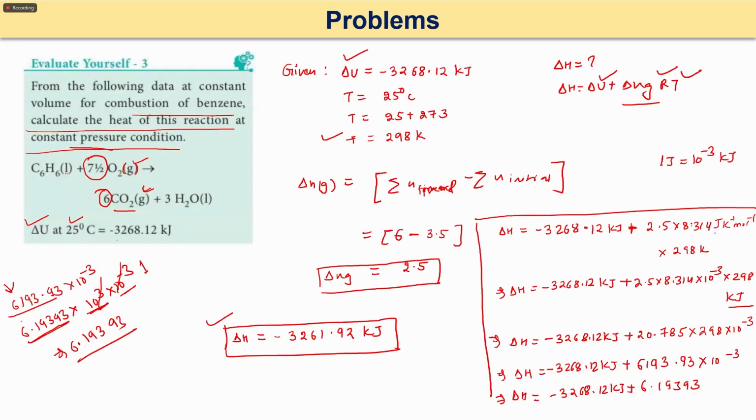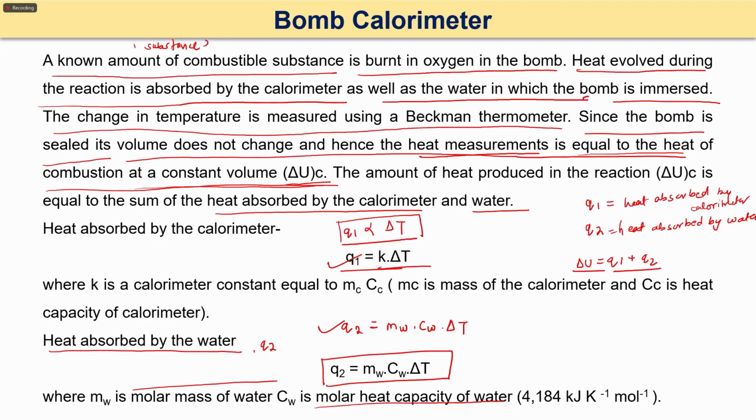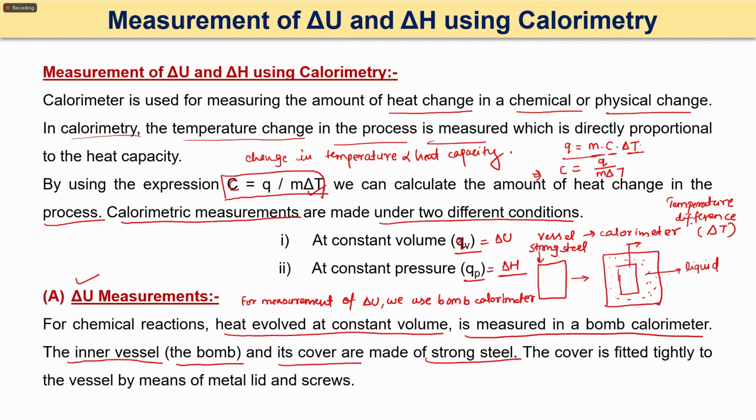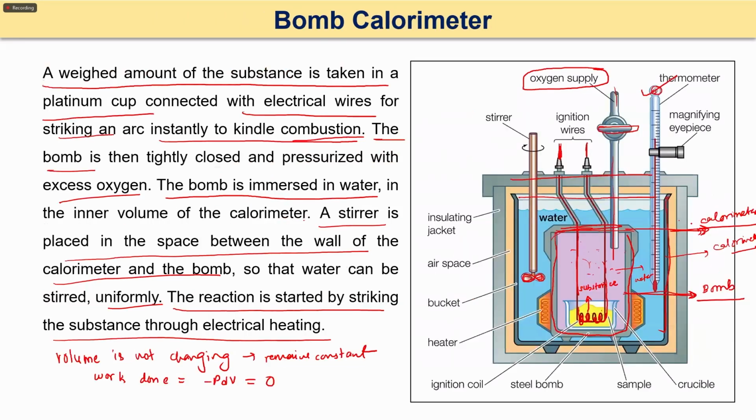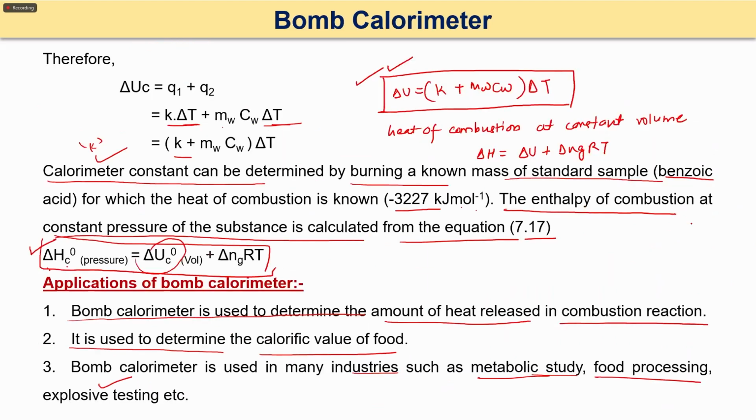So in this class, we have studied how to measure delta U and delta H using calorimetry. We studied that we use a bomb calorimeter for the measurement of delta U, and then we studied what is the principle of the bomb calorimeter, what we do, and what is the equation used in order to calculate the delta U. And after that, we studied the applications.